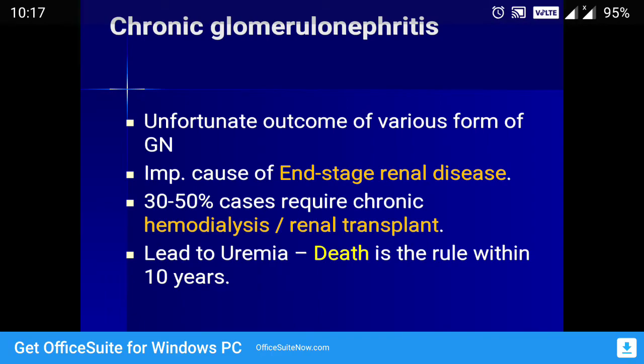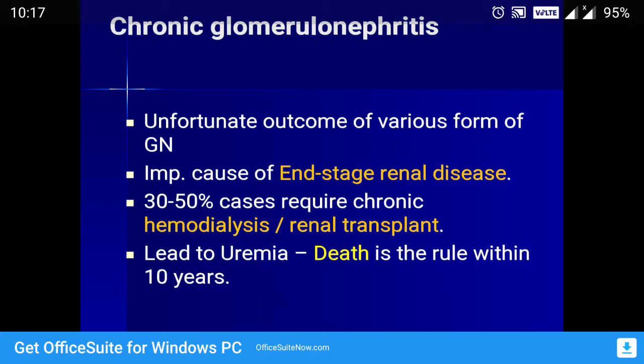Then as I told you, acute glomerulonephritis can lead to chronic glomerulonephritis. Whatever I have told you right till now are types of acute glomerulonephritis. If these are not treated, or even after treatment, some cases will go on to chronic glomerulonephritis, which is also called end stage renal disease. 30 to 50% of these cases require hemodialysis or renal transplantation.